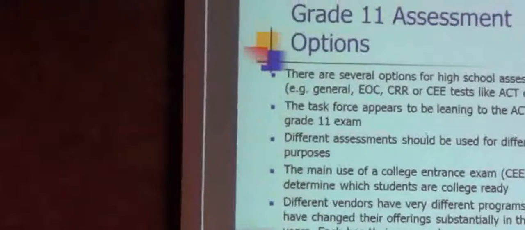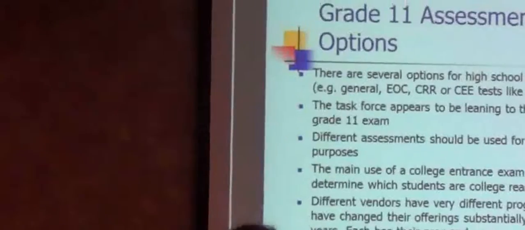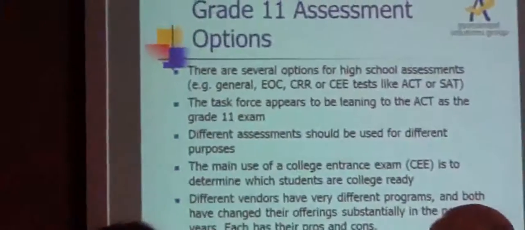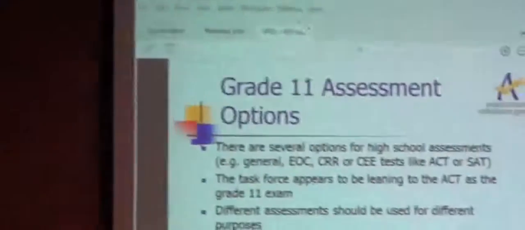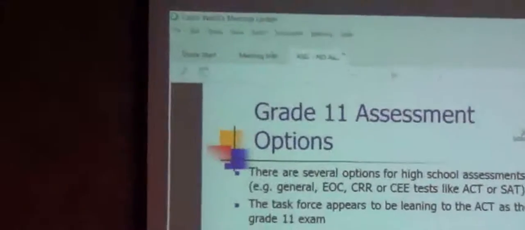I think the two different vendors, ACT and the College Board, have very different programs, and these have changed. And I think for North Dakota, they have pros and cons. And the fact that you've used the ACT for a period of time should not be a reason to continue to use it by itself.